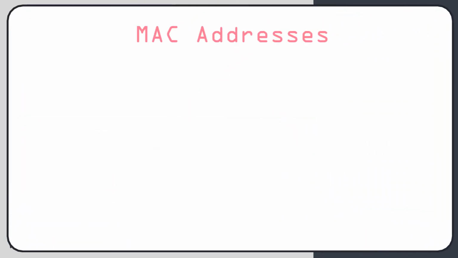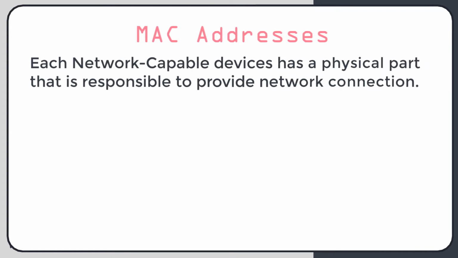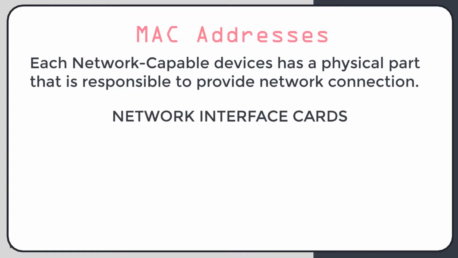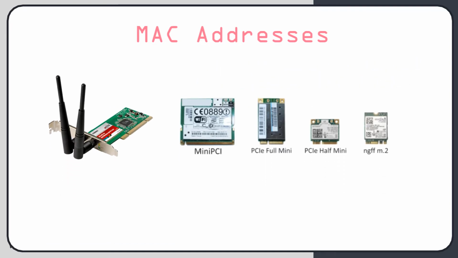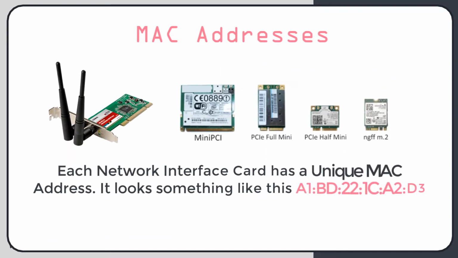Well, you probably knew that each network-capable device has a physical part that is responsible for the network connection. We call it a network interface card. They come in various shapes and forms. Usually these parts are integrated or hardwired on the motherboard of your device. Each network interface card has its own MAC address.